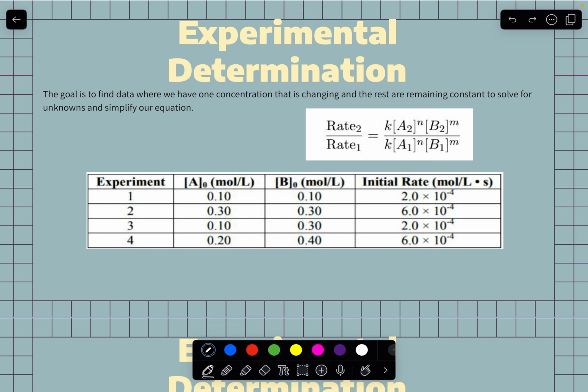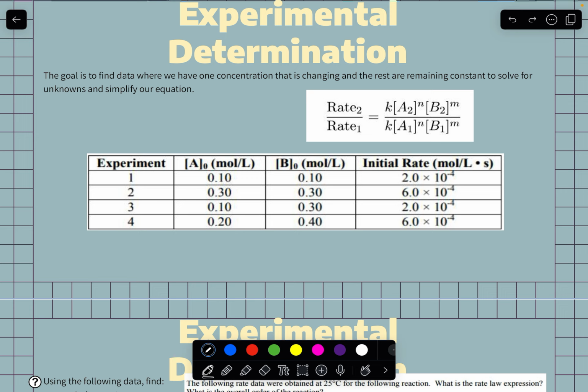Okay. So what we can do is we are going to leave one concentration changing and the rest constant. So 1 changing, the rest constant. Let's do 1 and 3. Okay. So 1 and 3 leaves A constant and B is changing. I'm going to put 3 over 1 just to make the math a little simpler.